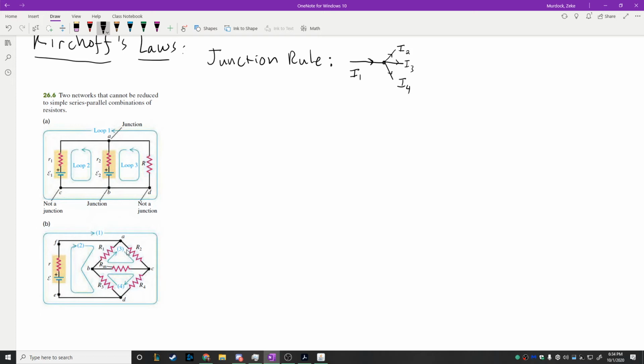And what the junction rule states is that if I add up all of the currents that are flowing into my junction, they should add up to 0, as long as you define incoming current to be positive and outgoing current to be negative.